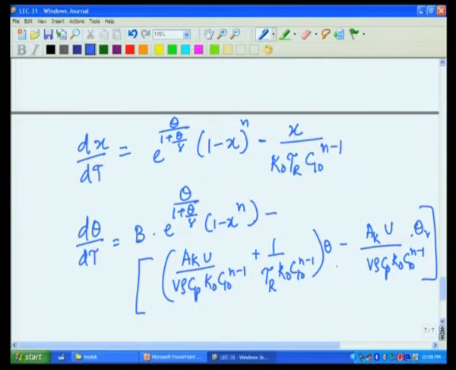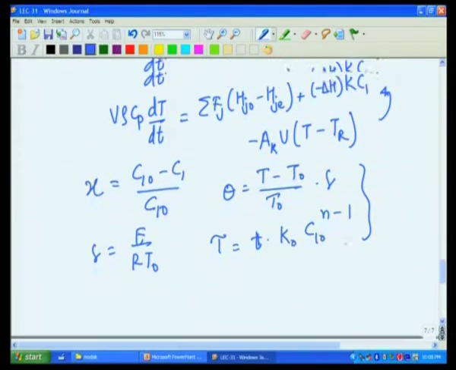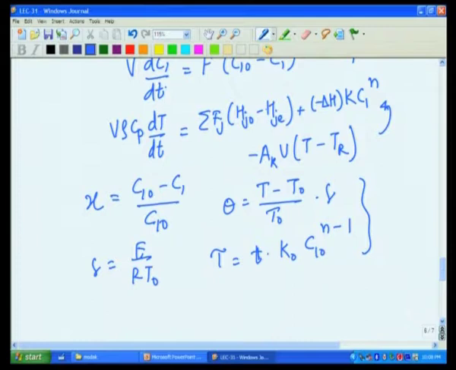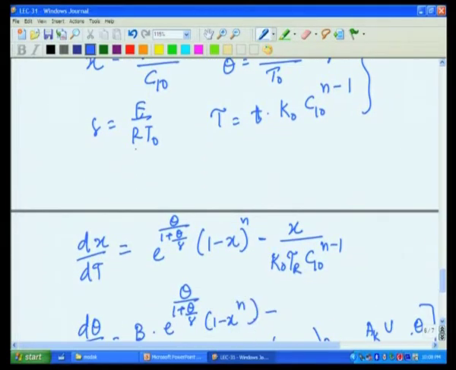Where did these terms come from? These terms come from these AKU term and that enthalpy term.